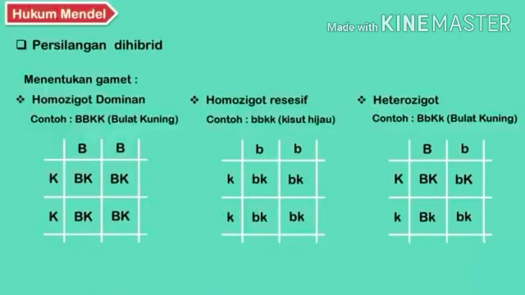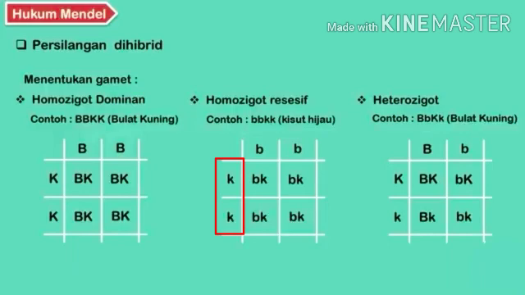The second, homozygote recessive. Recessive means all small letters. It's bbkk. The top row contains B small and B small, while the columns are K small and K small.